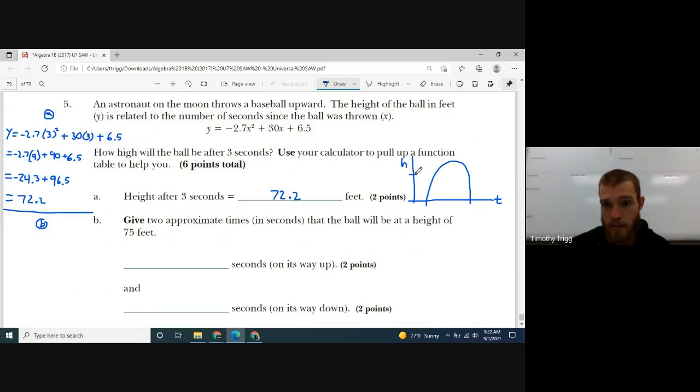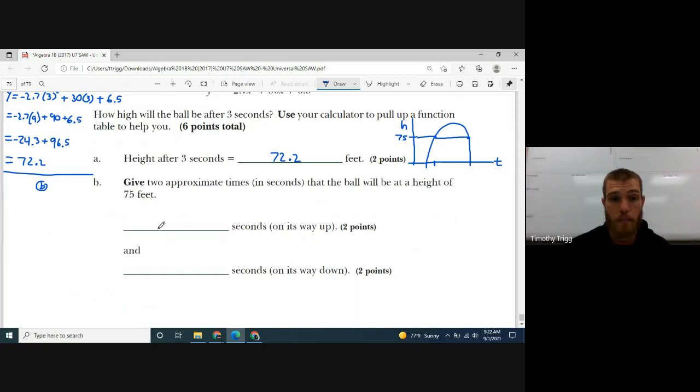So let's say this is a height of 75. There are actually 2 times where that happens. It happens right here, and we need to find what time that happens. And then it happens here. So on its way up, it hits 75 feet, and then on its way down, it hits 75 feet. We need to find those 2 times.